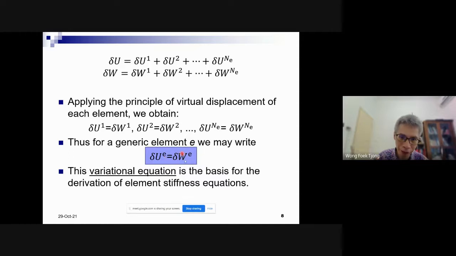So we can use these equations for formulating the element. Because all of the elements are similar, it is enough for us to look at a typical element to derive the element equations.